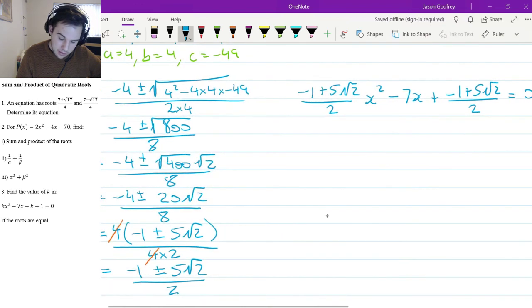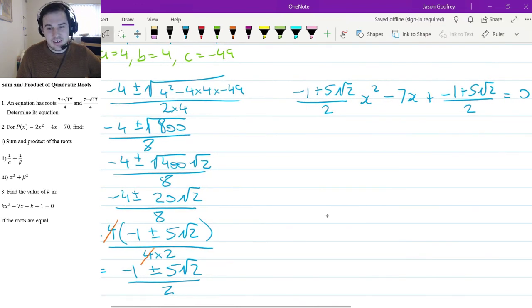If you were to find the roots of this equation, they would be equal. That's about the whole point of all that we did.